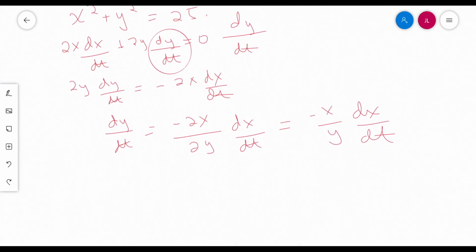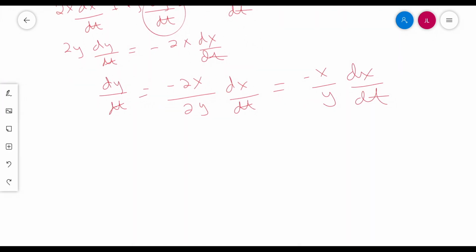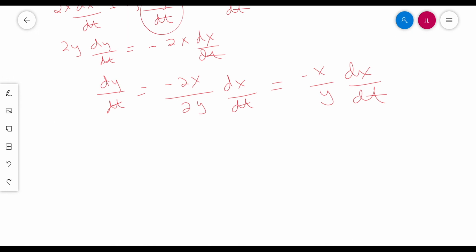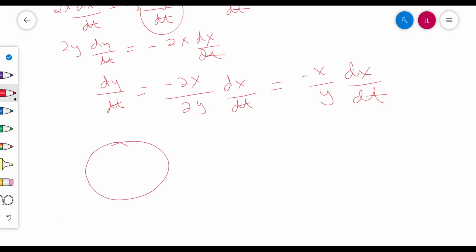So let's do one real related rates problem. Let's think about a circle. And my circle has a radius. And you know that the circumference of a circle is 2 pi, pi is a number, remember, times the radius.